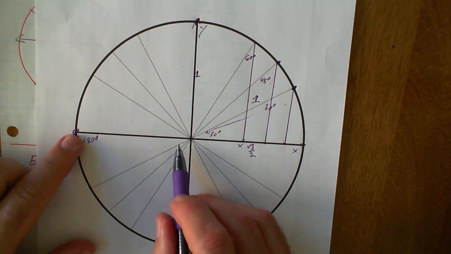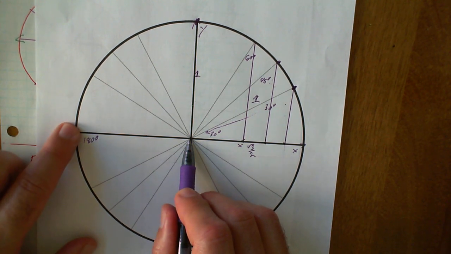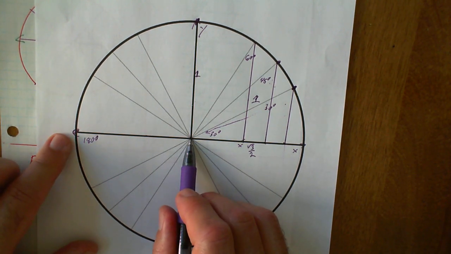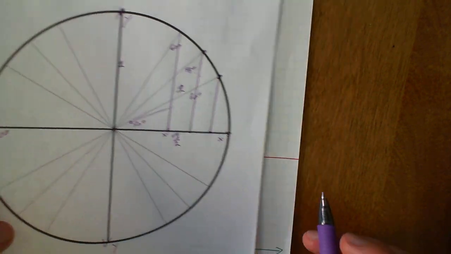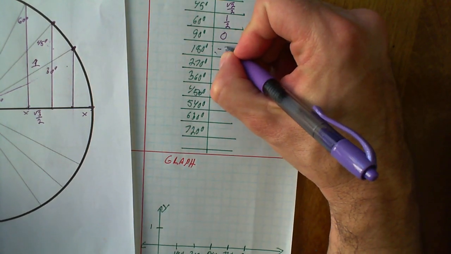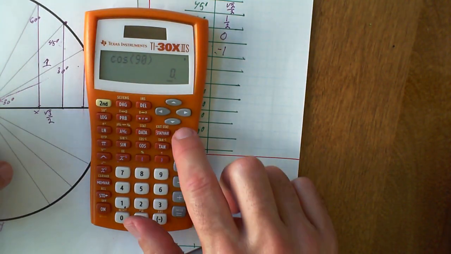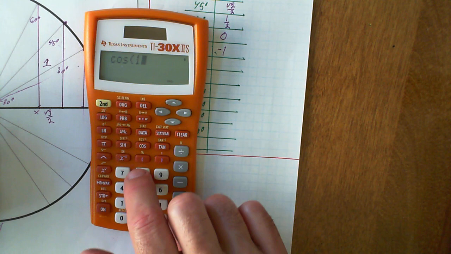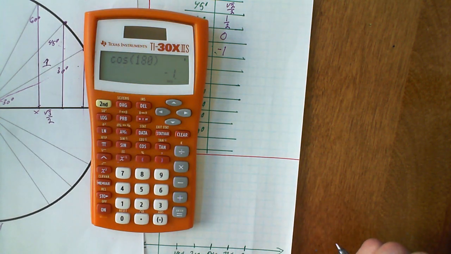And yes, the answer is I'm going over 1 unit. However, this is going to be in the negative direction because it's the x in the negative direction. Cosine of 180 degrees is going to be -1. If you don't believe me, let's put it in our calculator and hit cosine of 180 degrees. What do we get? We get -1.